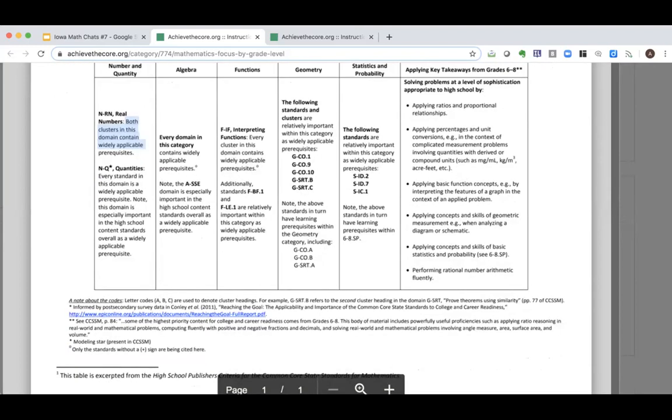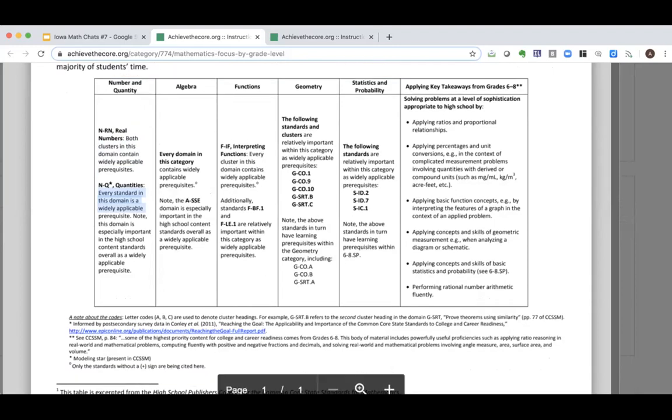Under NQ, it says every standard in this domain is widely applicable. So again, all of the clusters there. Over here in algebra, you see where it says that every domain in this category, under functions, every cluster in this domain contains widely applicable prerequisites.